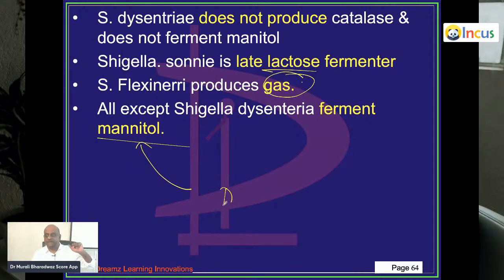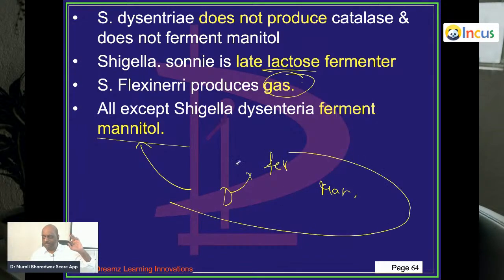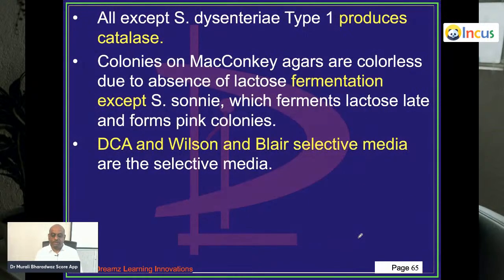Dysenteriae does not ferment mannitol. That's the point you need to remember. Some method you need to develop, because these are all very standard questions. So some method you need to develop to remember dysenteriae does not ferment mannitol. Now, doctor, all except Shigella dysenteriae type 1, they all produce catalase.